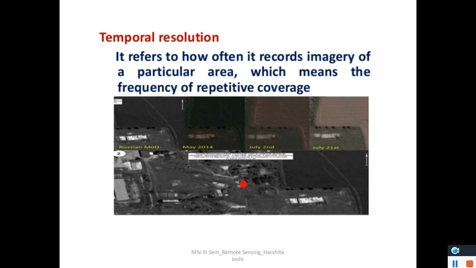So the temporal resolution of the second satellite will be more than the first one, because it was taking more photographs of the same location at a particular time. Okay, so it defines the frequency of repetitive coverage. If you have to write the definition of temporal resolution, it defines the frequency of repetitive coverage.